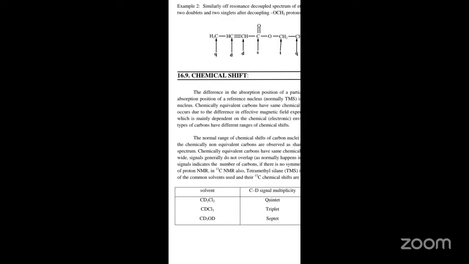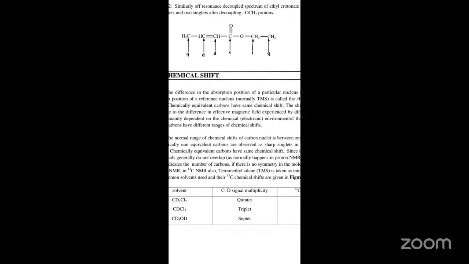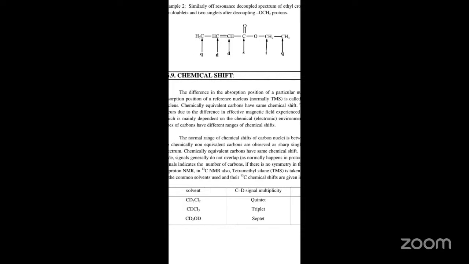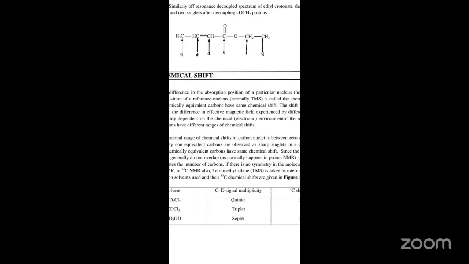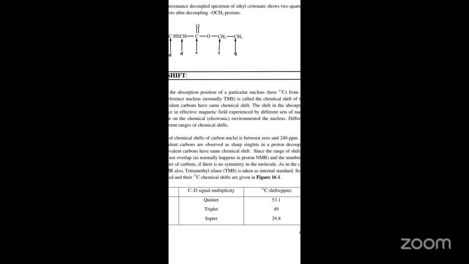And some of the solvents usually used in C13 spectra: CDCl3, with the signal multiplicity appearing as a triplet, appears at 49 delta ppm here.